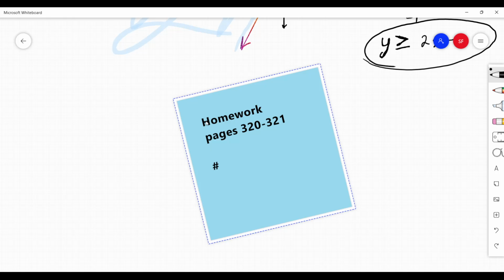Numbers 10 through 12. 28 evens. Which means it's only page 320, because I didn't give you any from 321.